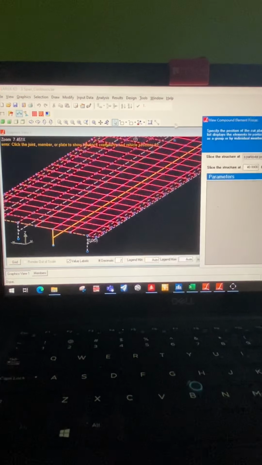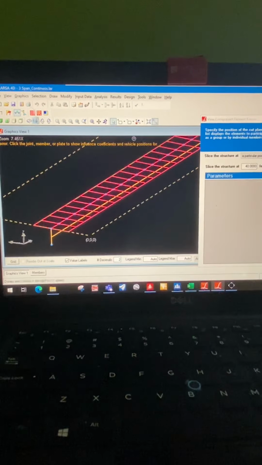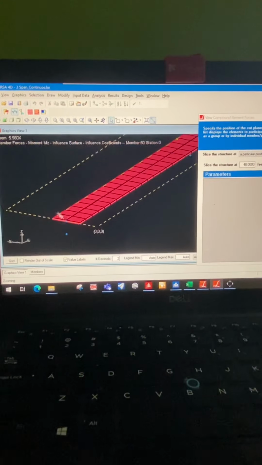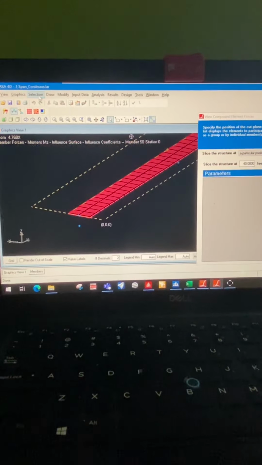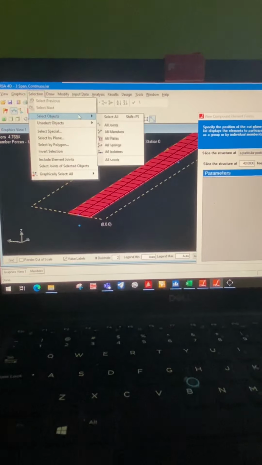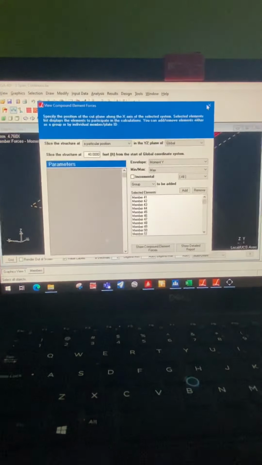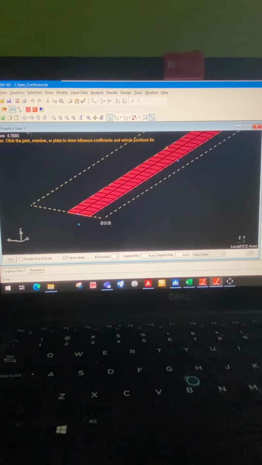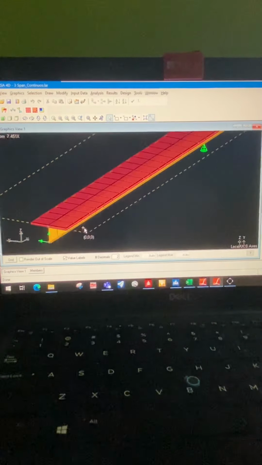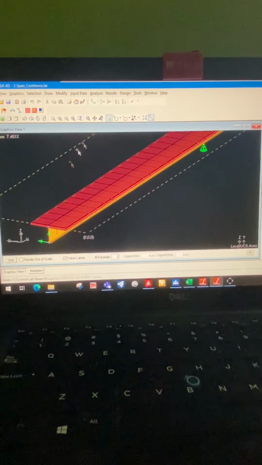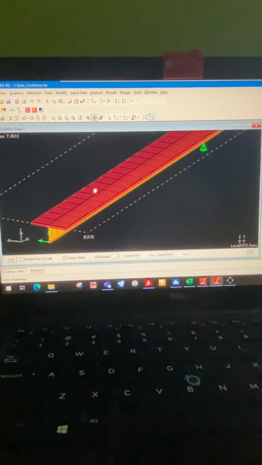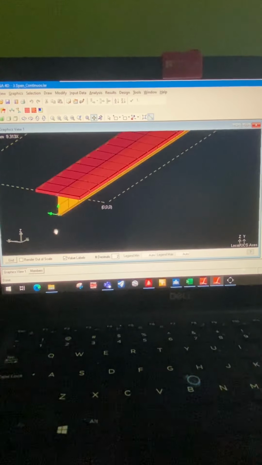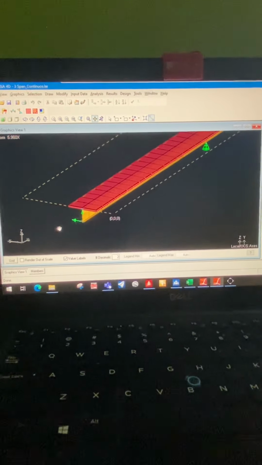If I hide the selection and complete the rendering, we have the same thing: a 60-foot steel plate girder here, with the same properties as the one we calculated a while ago.